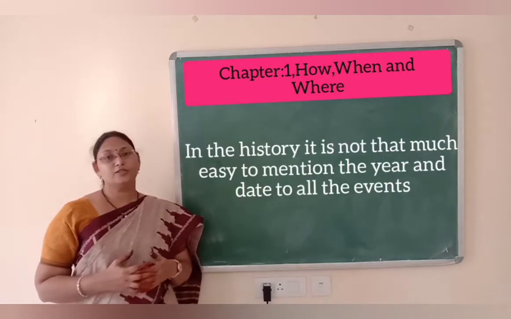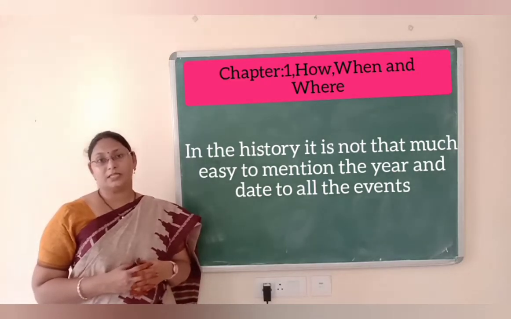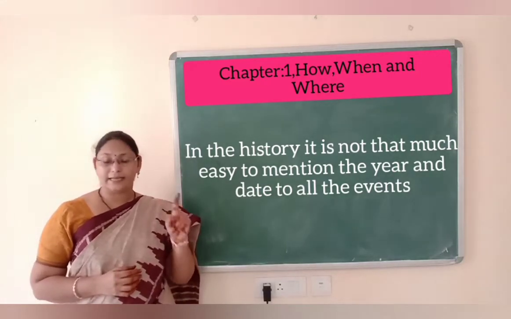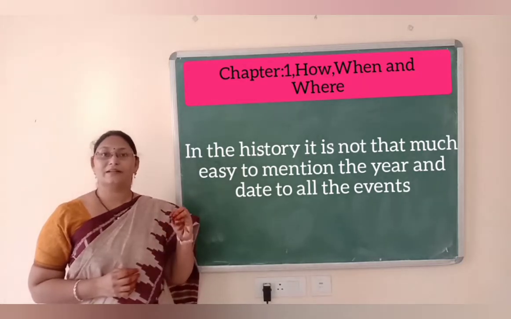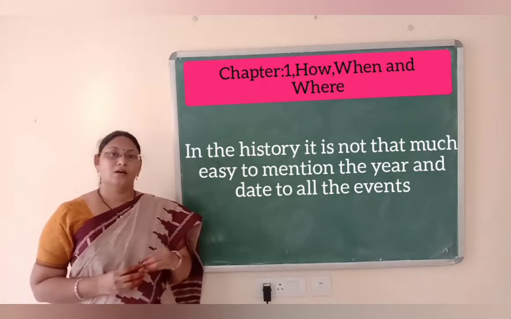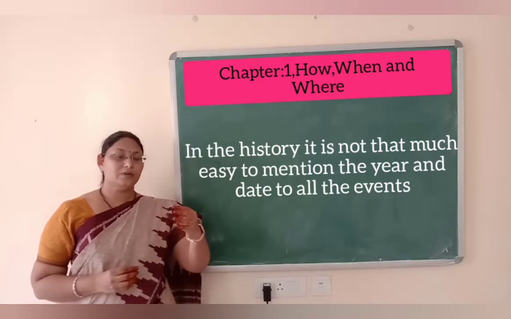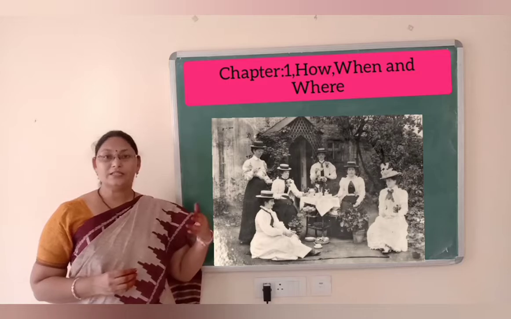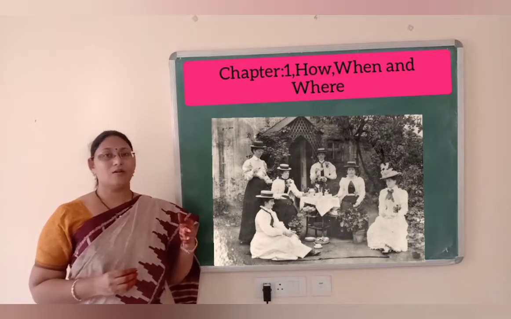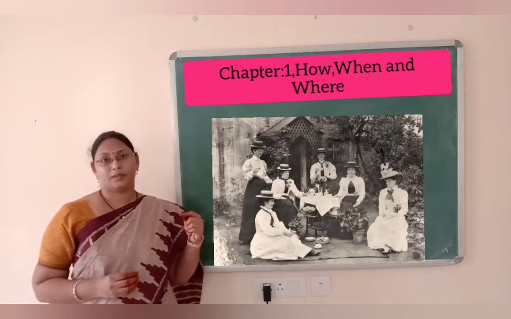But in history, it is not that easy to mention a particular date or month of a particular event. Why? For example, the habit of drinking tea is not a habit of one day.